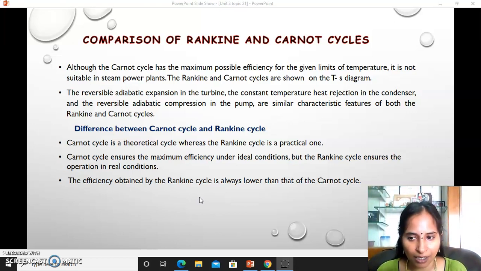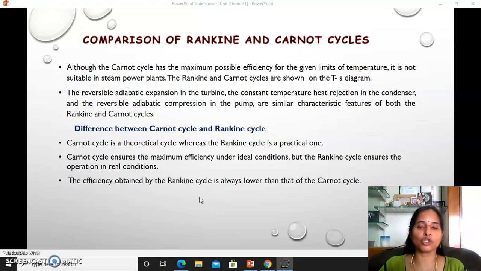The Rankine and Carnot cycles differ only in the supply of heat in the boiler. Let me show it in the TS diagram, if you want to know the exact point of difference.